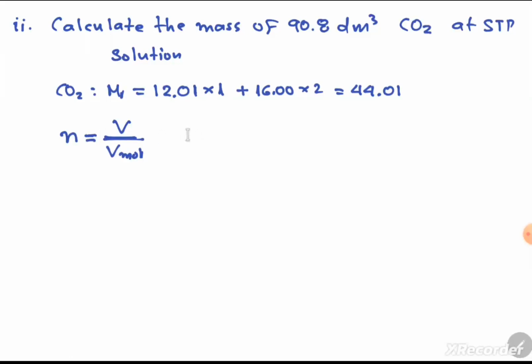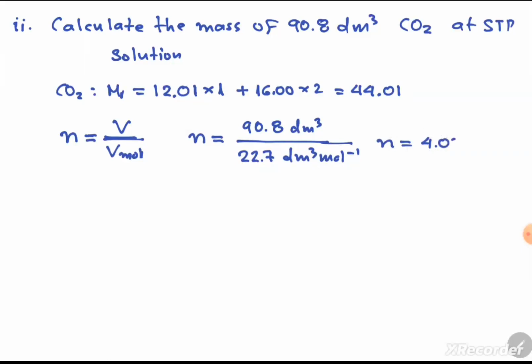We replace the value of volume and the value of molar volume at STP. So we find that we have 4 mole for carbon dioxide.